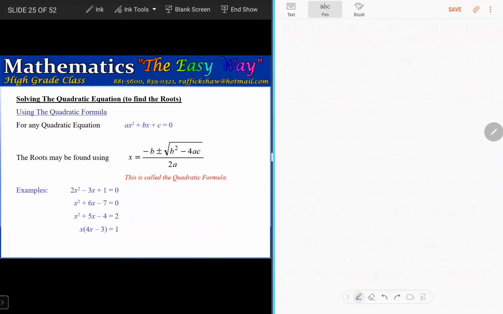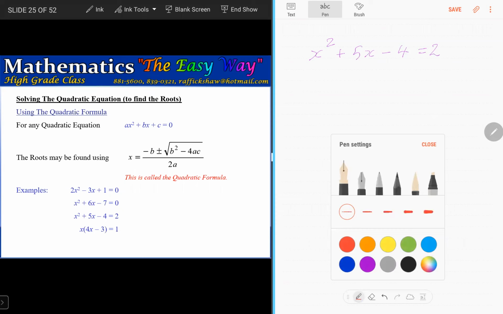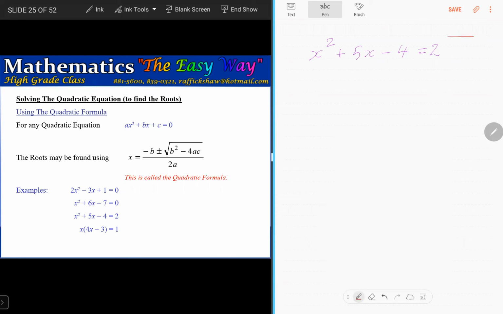All right, so the next example now is the third one. x squared plus 5x minus 4 equals 2. So we're going to solve this one now. First we identify A, B, and C. So A is 1 and B is 5.